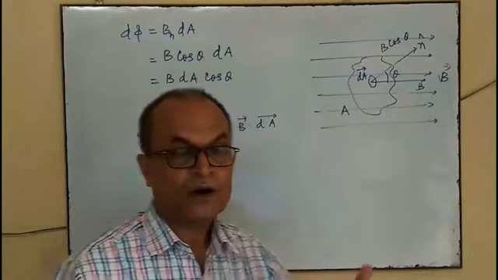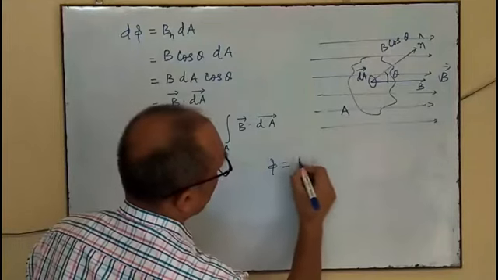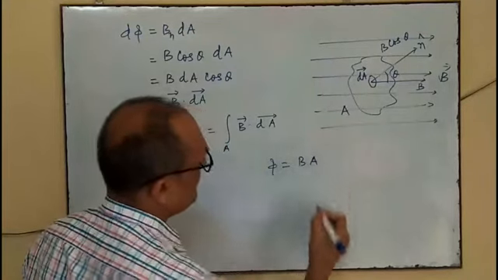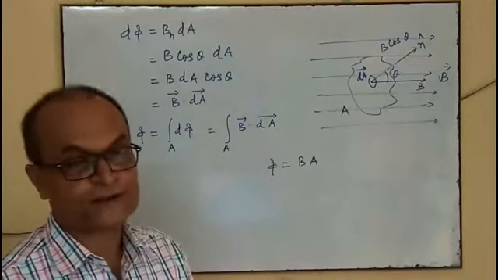Now we know very well that phi equals BA. From here we can find the magnetic flux density.